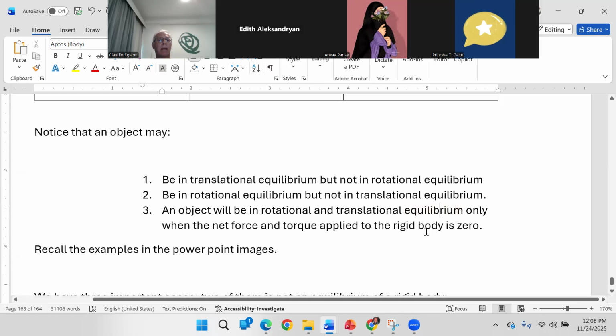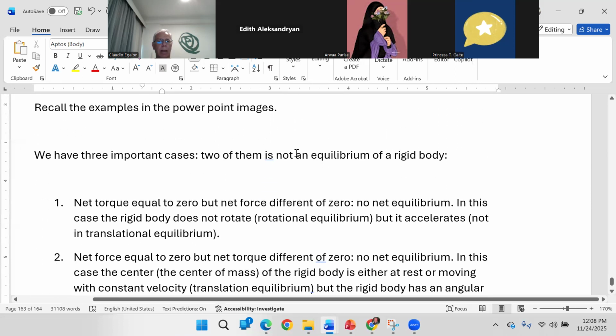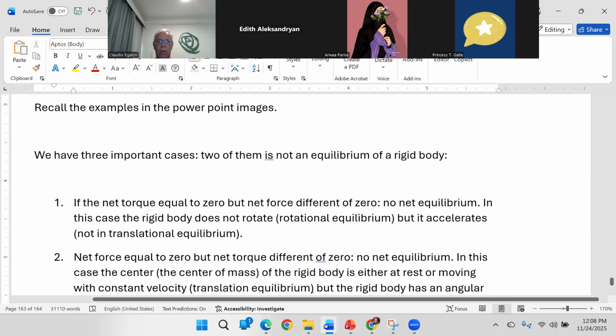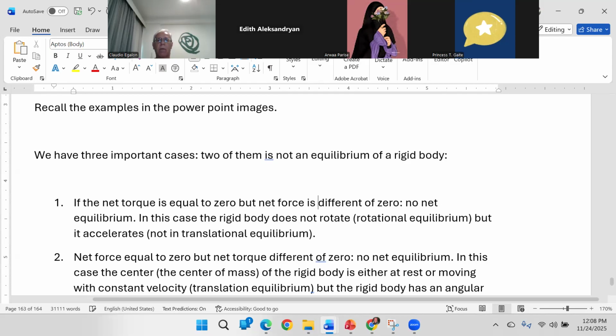They call the examples in the PowerPoint images. Here you go. If the net torque is equal to 0 but the net force is different from 0, there is no net equilibrium.